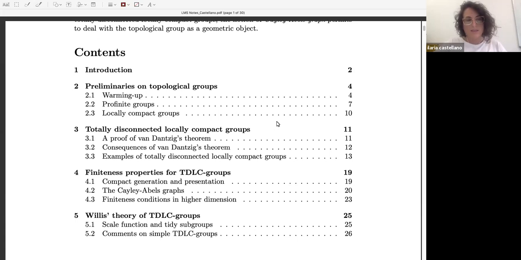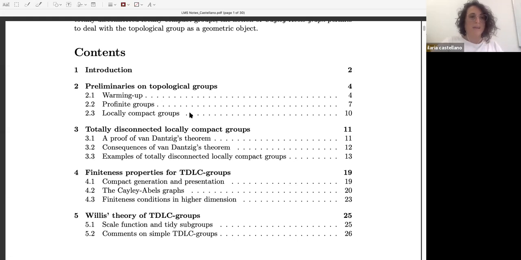And as you can see, there are 4 main chapters in the notes. This means that I will not talk about the last one. Probably I'm going to comment on this part today, but the lectures will be devoted to explain chapters 2, 3, and 4.